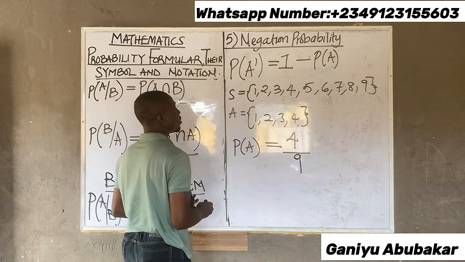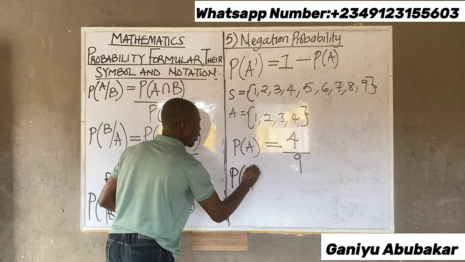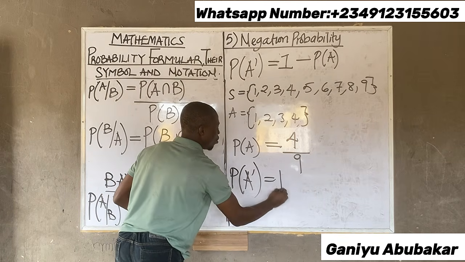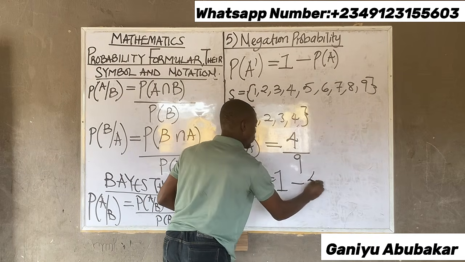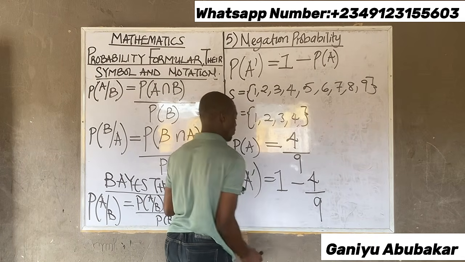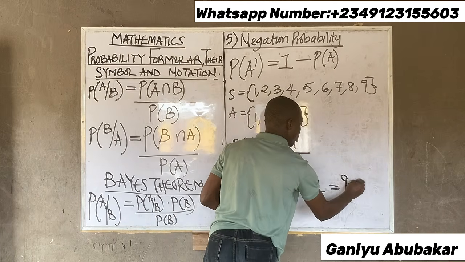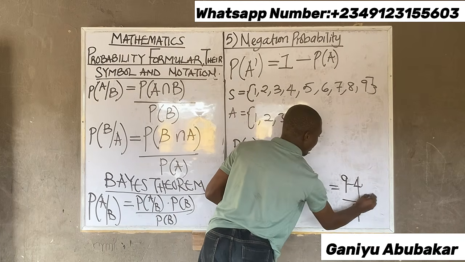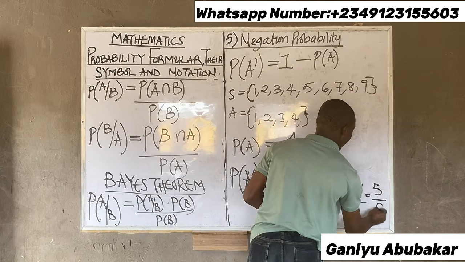So it means that to get the negation, the probability of A complement is equal to 1 minus the probability of A, and that's 4 over 9. This one gives you 9 minus 4 over 9, and that's 5 over 9.